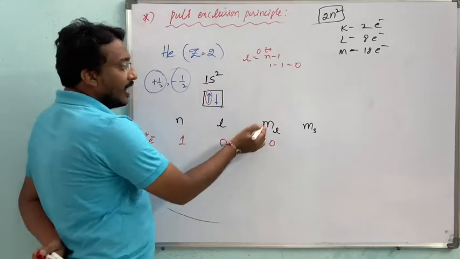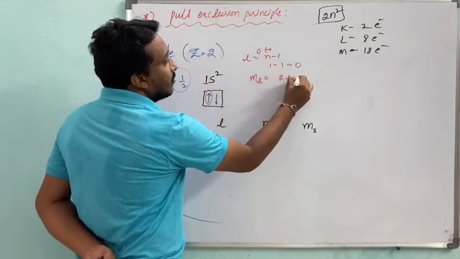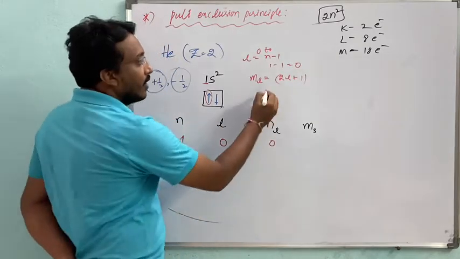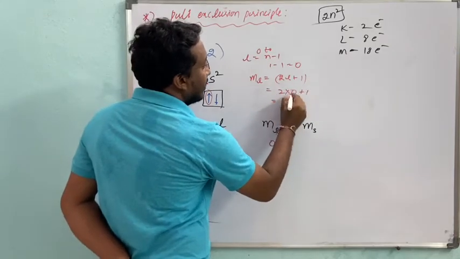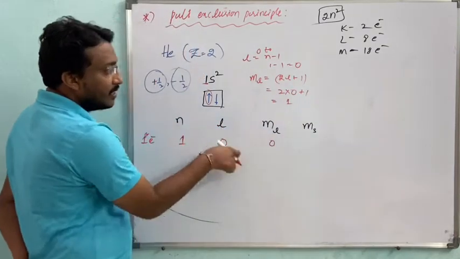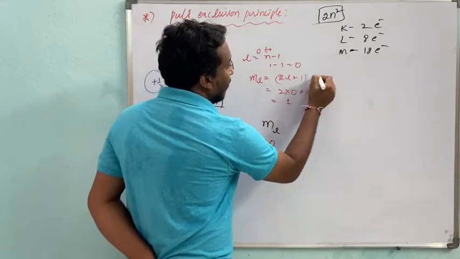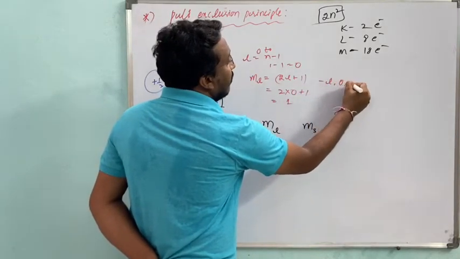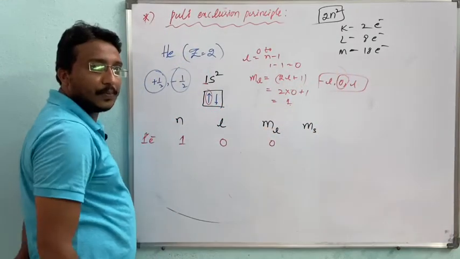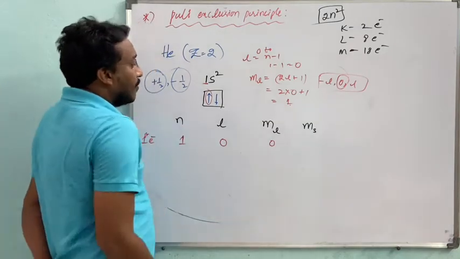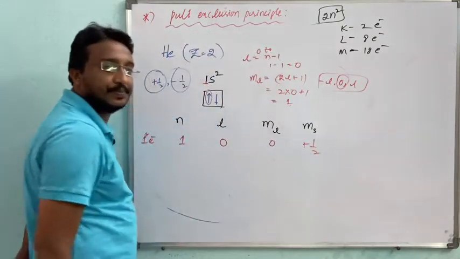And we know how to find ML: the number of values is 2L plus 1, so 2 into 0 plus 1 equals 1. One value means that it is 0 only. That means ML goes from minus L to 0 to plus L in integers, only one number, so we take 0. And MS, spin, upward arrow, I will take as plus 1/2.